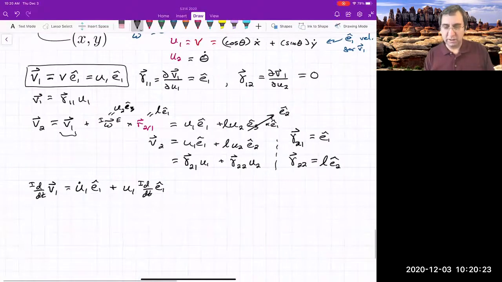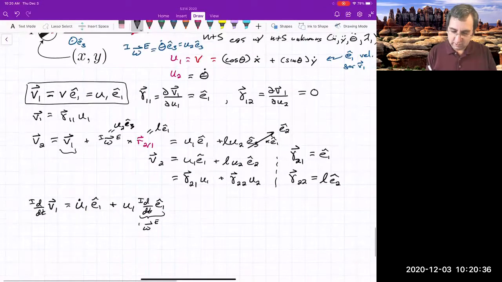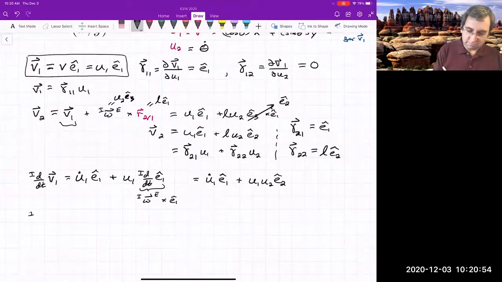Remember, E1 is a body-fixed direction, so we have to use the transport equation. This is omega of the E frame with respect to the I frame cross E1. What you'll end up with is u1 dot E1 plus u1 u2 E2. And similarly, let me give you the punchline for the inertial velocity V2.